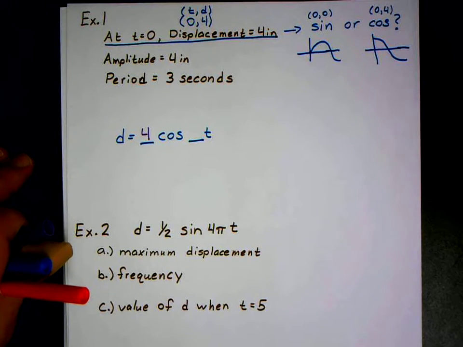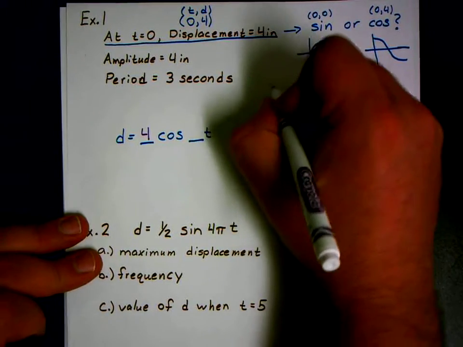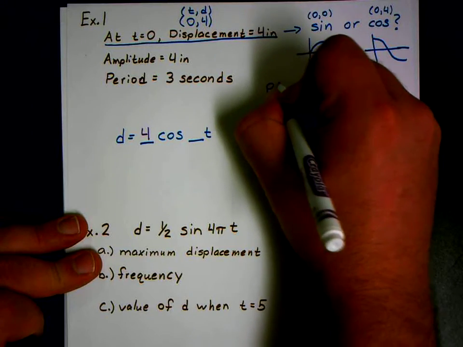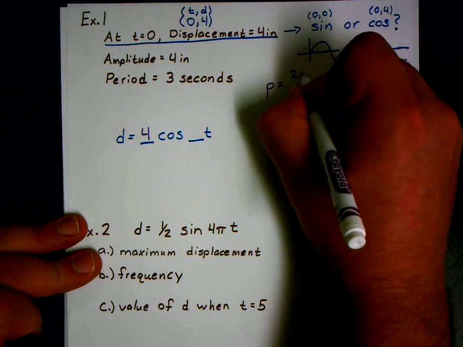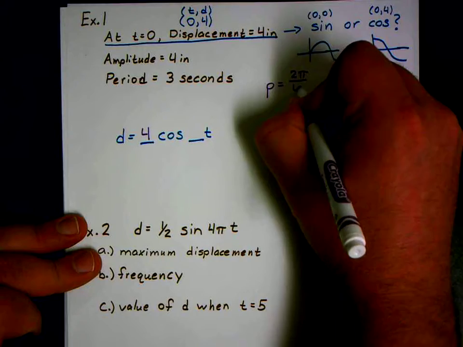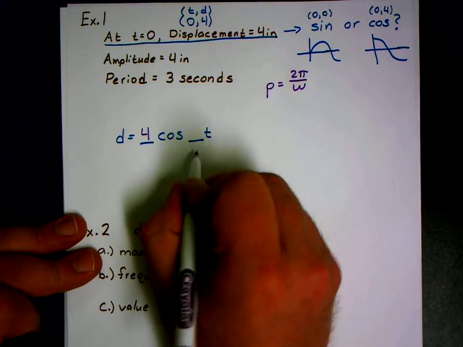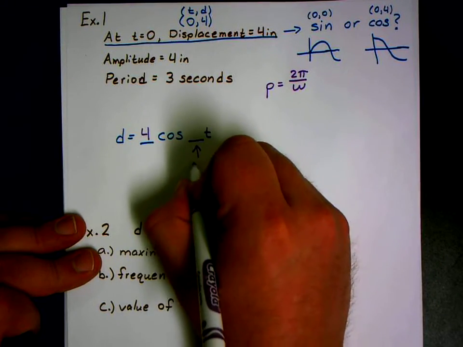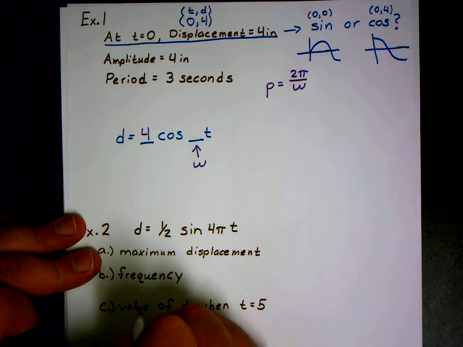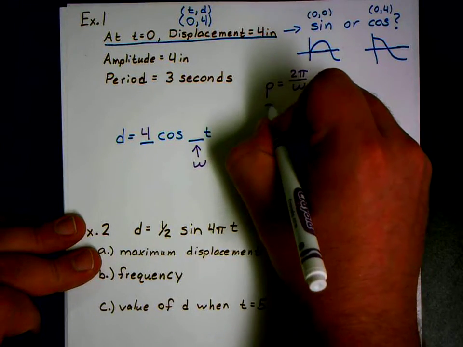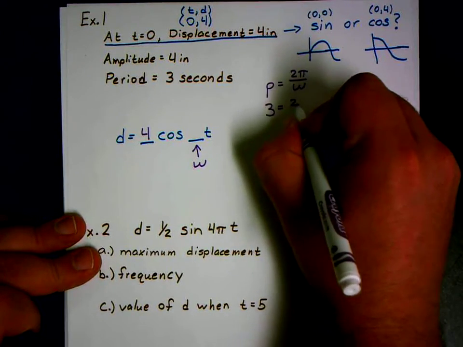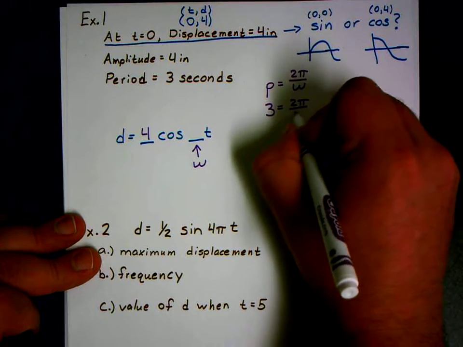Period takes a little bit of work, because my equation for that is P equals 2 pi over omega, and omega is the one that goes into this spot. So they give you 3. You need to figure out what omega is.